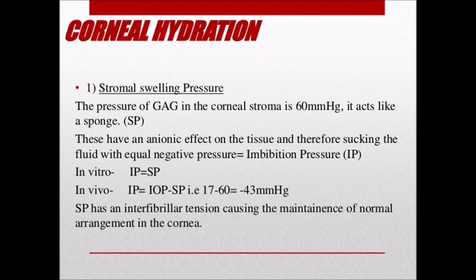Now, the cornea is kept in a dehydrated state because of the negative imbibition pressure. Whenever the imbibition pressure is positive because of rise in intraocular pressure, there is hydration of the cornea.